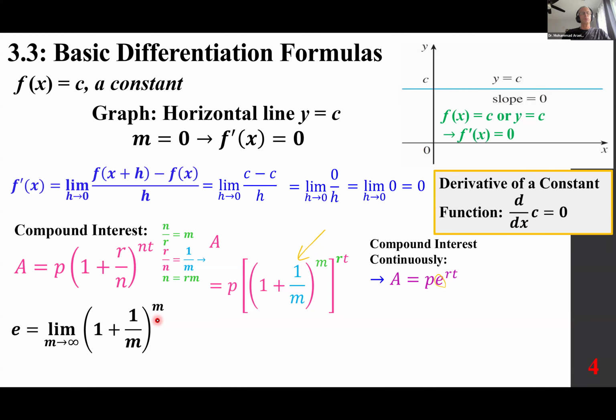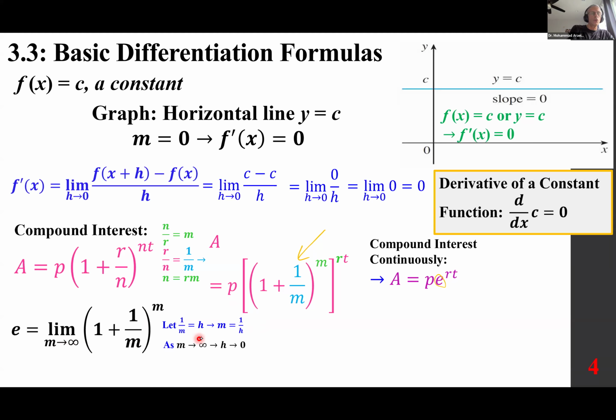Now let's play with 1 over m and call it h. If we call it h, m is 1 over h, which means h and m are two numbers that are reciprocals of each other. Because m is approaching infinity, h must approach 0.